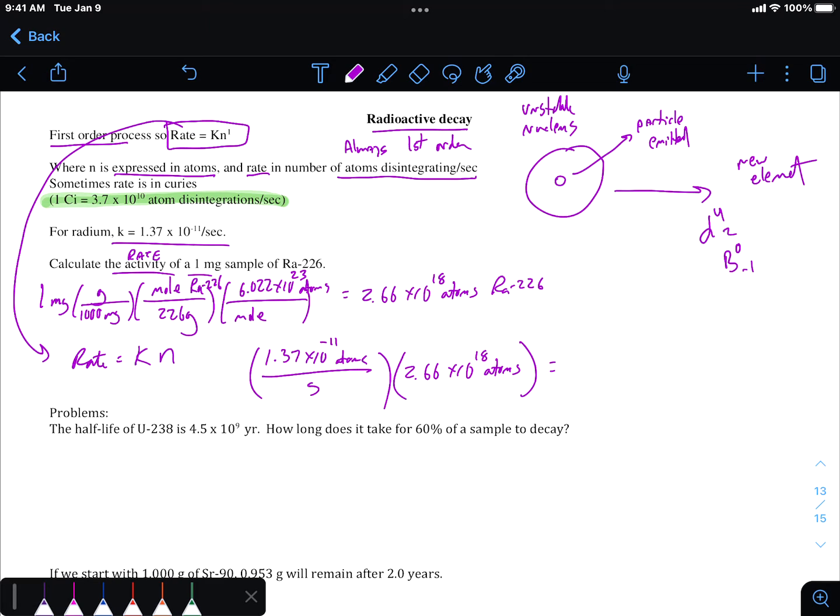I'm sorry, the rate constant did not have the term atoms in it. So after calculating, we get our rate of 3.65 times 10 to the 7th atoms per second. And that is the activity based on the amount that you have.